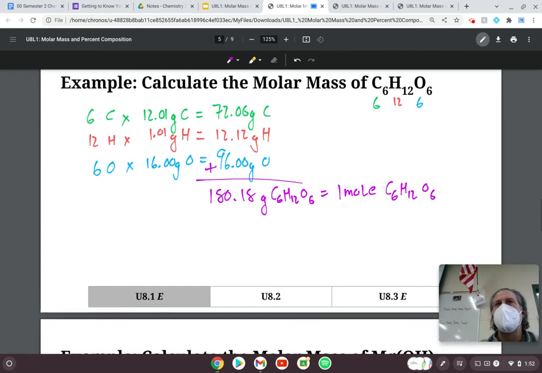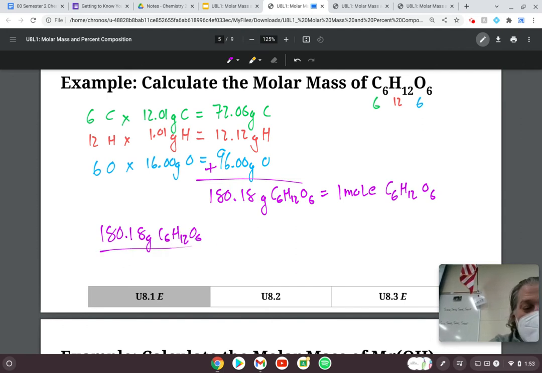All right. Now, here's the thing. How do we write it? You could write this as 180.18 grams of C6H12O6 over 1 mole of C6H12O6. That's one way you are going to be writing it this unit.